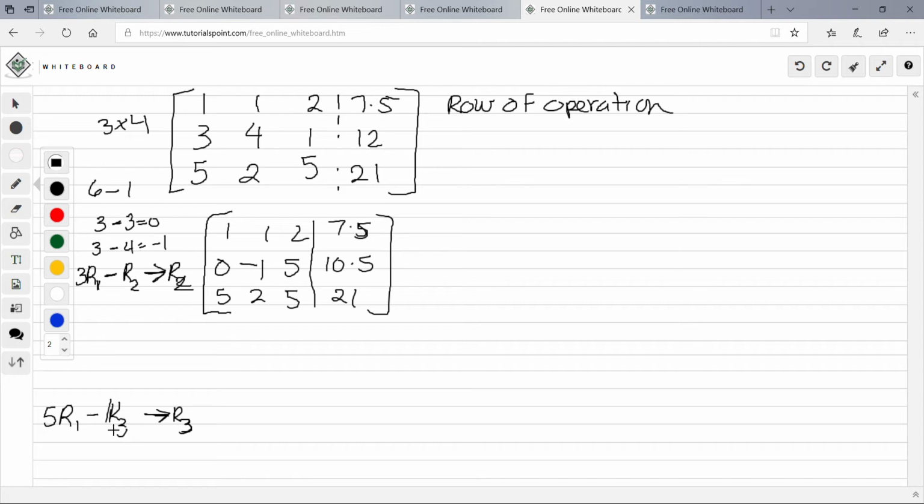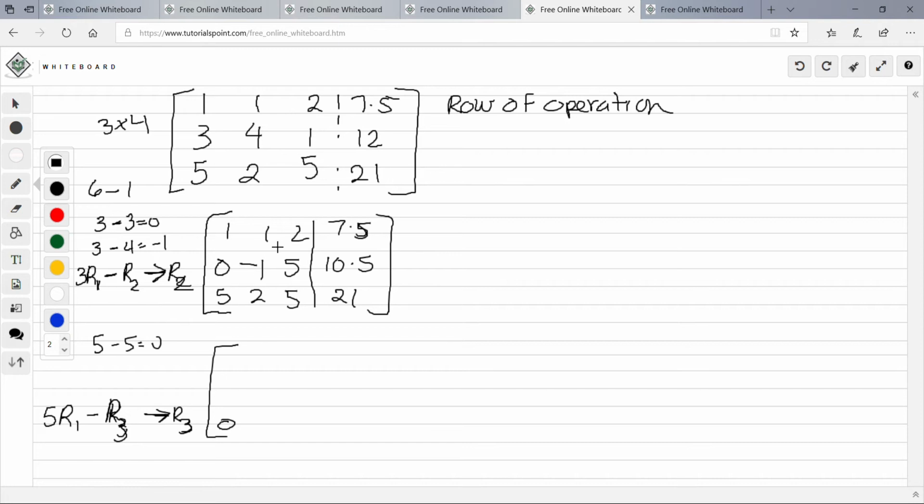You can multiply a row and then subtract an entire row, and that'll give us a new row, right? So from this equation, 5 times row 1 is 5, right? 5 times 1 is 5, and then you minus row 3, which is 5, so that's minus 5. So that gives us 0, so this column will be 0.